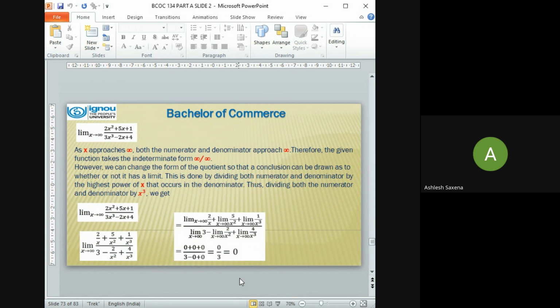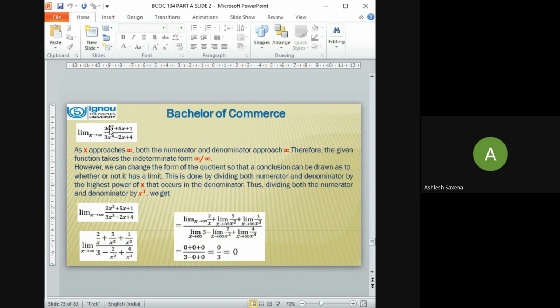Keep one thing in mind: mathematically, it is said dividing numerator and denominator by x cube, but actually each element of the numerator and denominator will be divided by x cube.